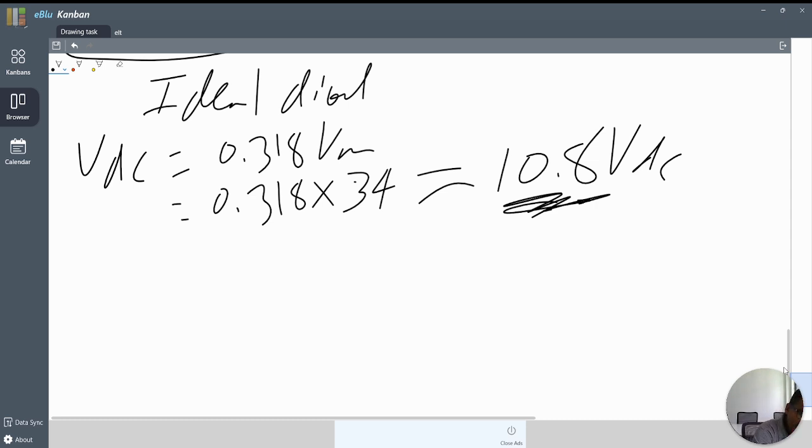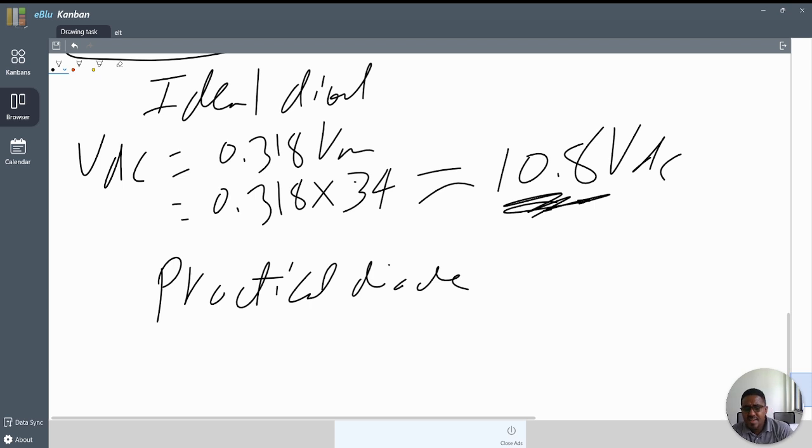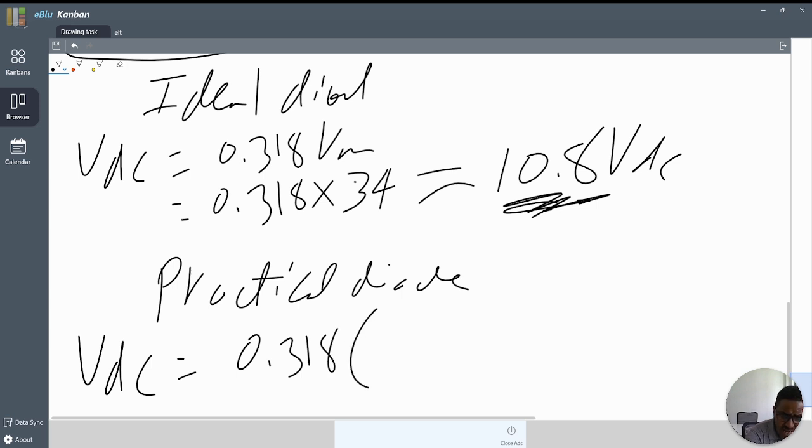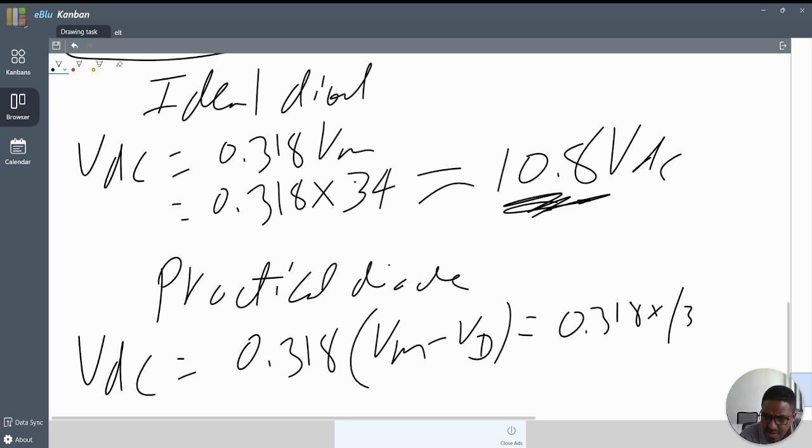Practically, when using a practical diode, as you know, the diode is manufactured with silicon, and the silicon diode voltage drop is 0.7, that is the barrier potential 0.7. So our VDC becomes 0.318 multiplied by V maximum minus VT. That means 0.318 multiplied by 34 minus 0.7.